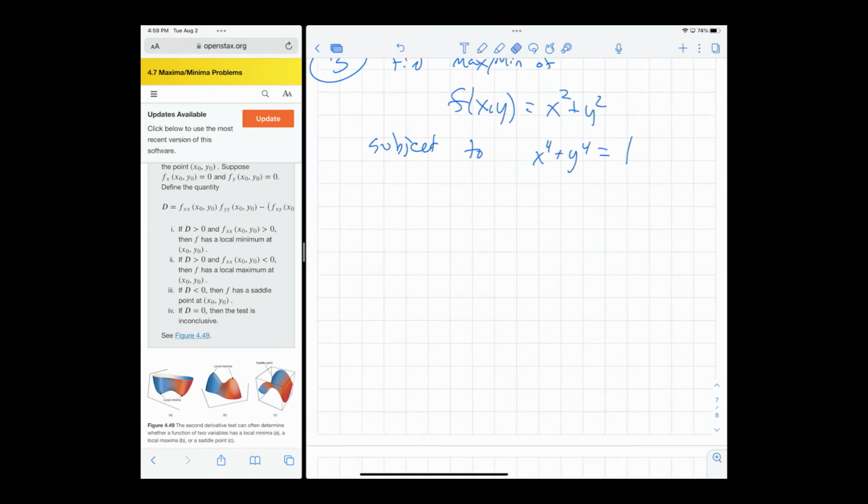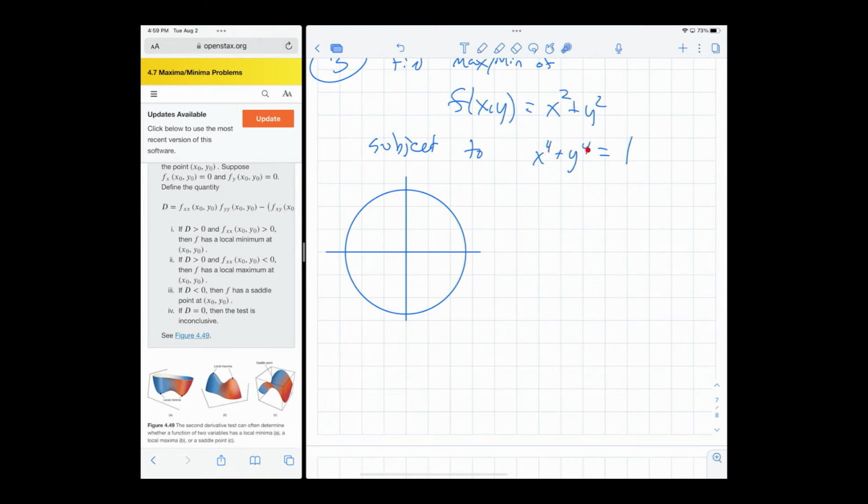So first of all, if you graph this, it's what they sometimes call a squircle, right? If it was x squared plus y squared equals 1, it would be a circle with radius 1. That is not what I want.